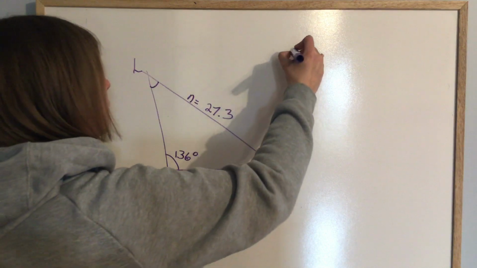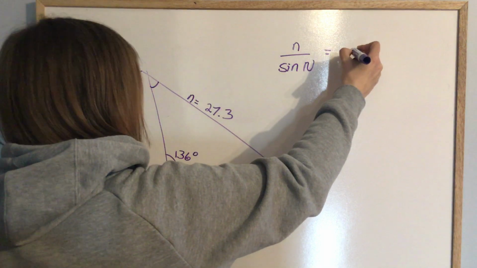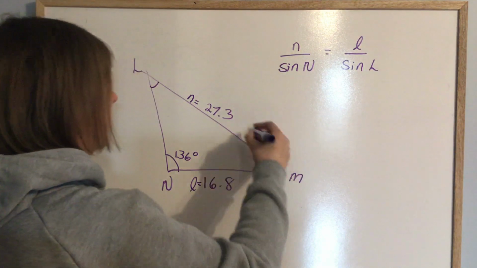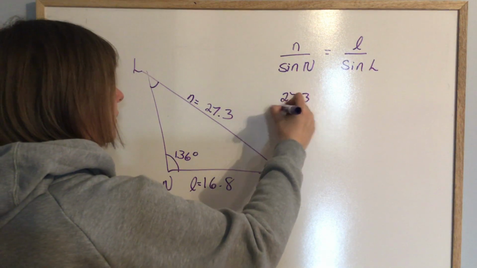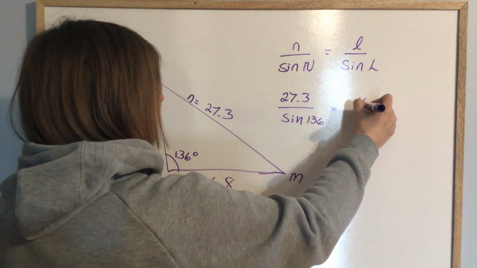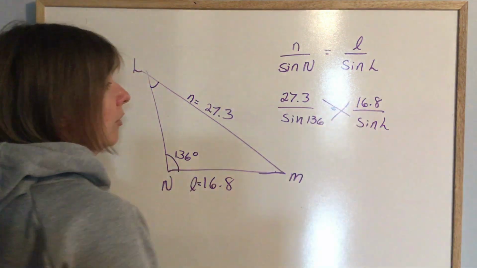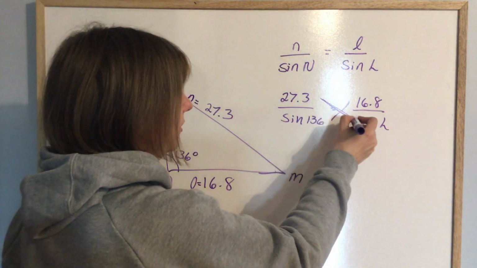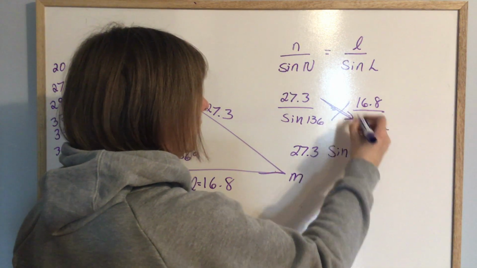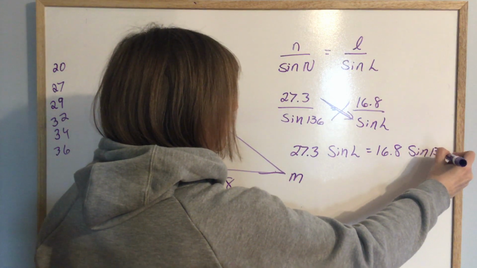So law of sines would be side N over sine of angle N is equal to side L over sine of angle L. So 27.3 over sine of 136 is 16.8 over sine of L. I cross multiply, so I multiply the 27.3 with sine L. So I multiply the 16.8 with sine of 136.